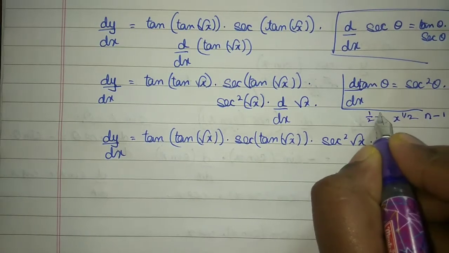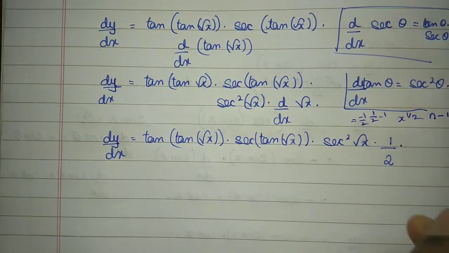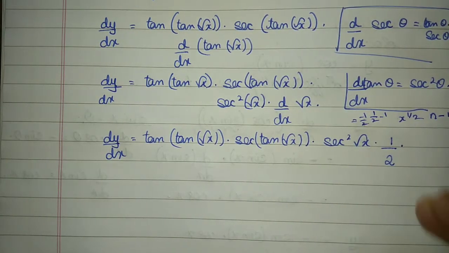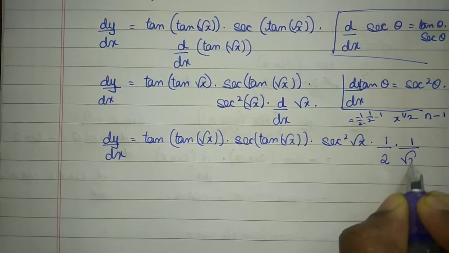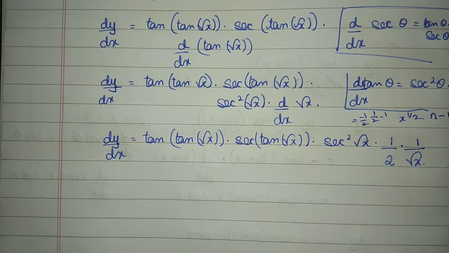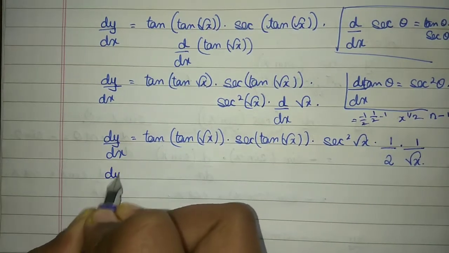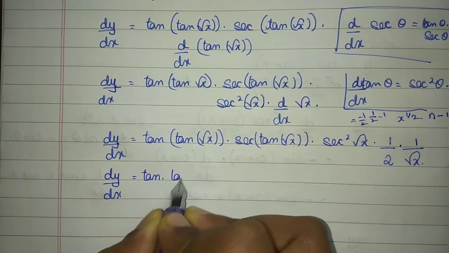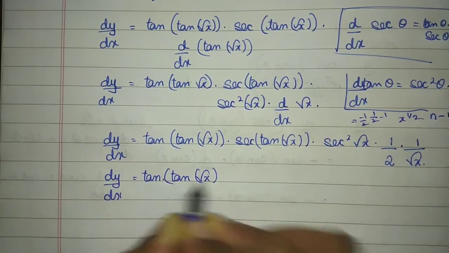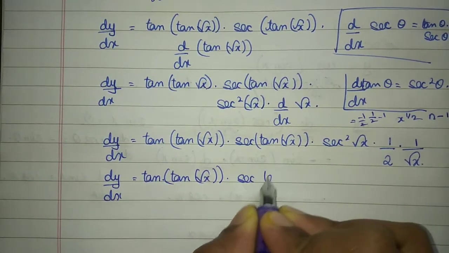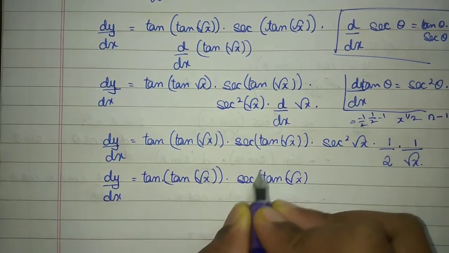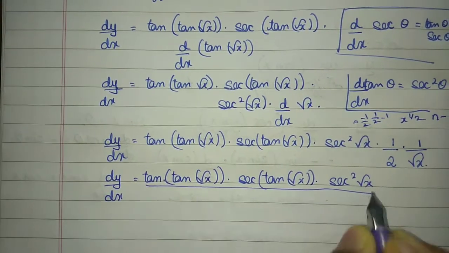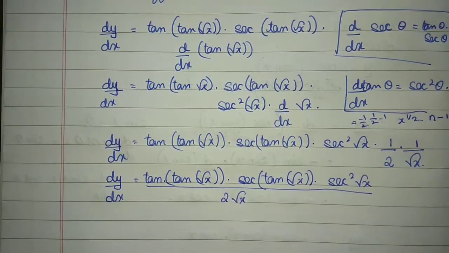So 1 by 2 minus 1 is minus 1 by 2. So minus 1 by 2 means the root x should be in the denominator. So I will write 1 by root x. Okay, so now I will have my dy by dx as tan of tan root x into secant tan root x into secant square root x, the whole divided by 2 root x. So this is my answer.